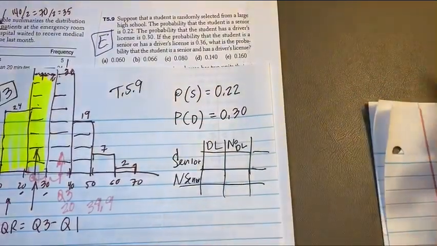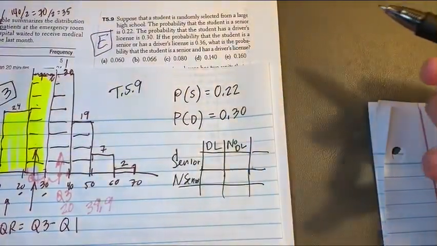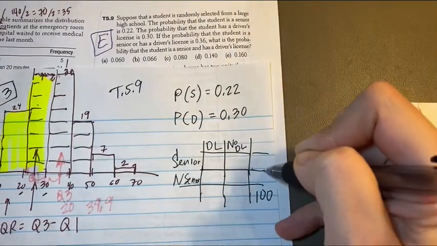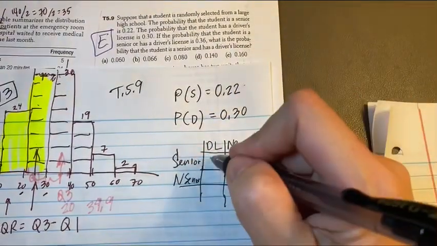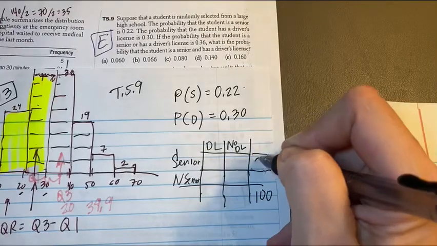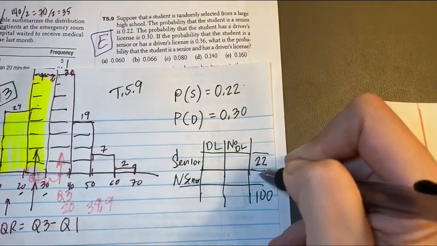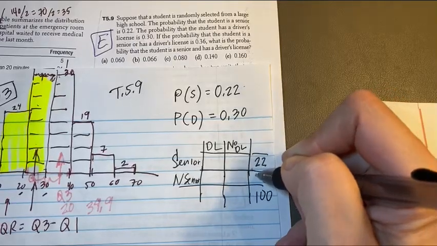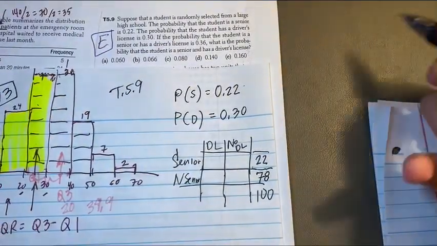Does that make sense? So if I had 100 kids in this school, I know that 22 out of those 100 are seniors, which means that 78 are not seniors.